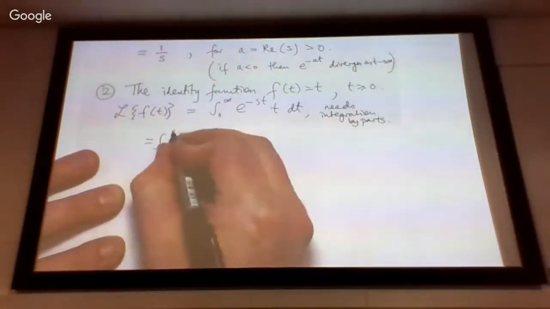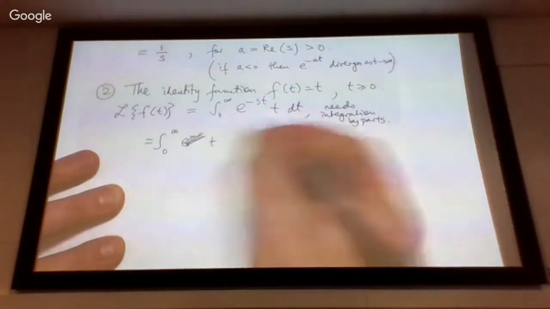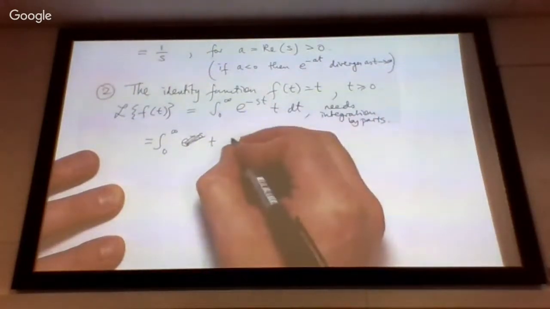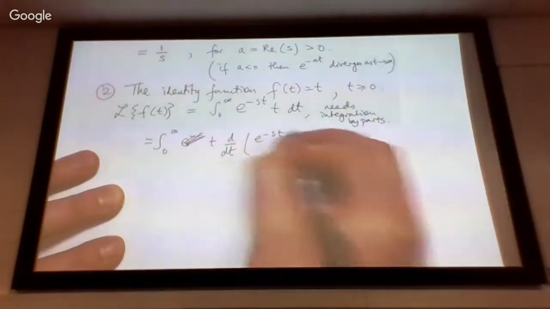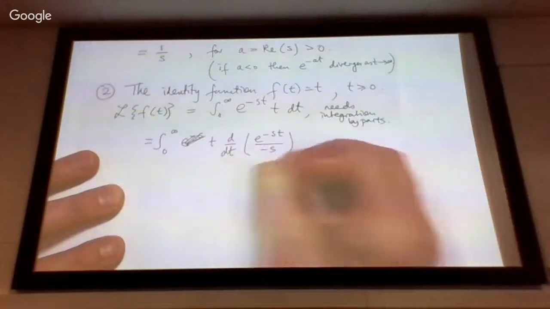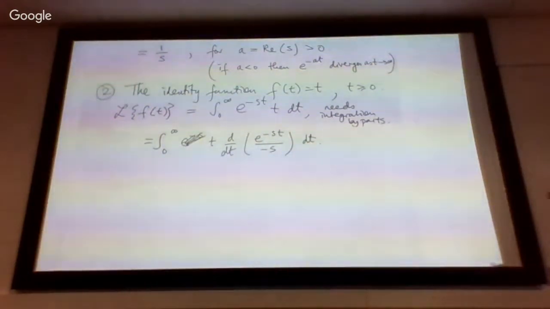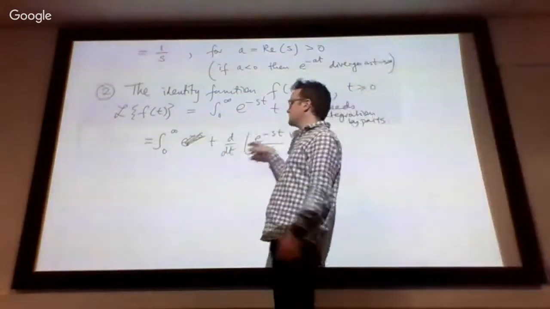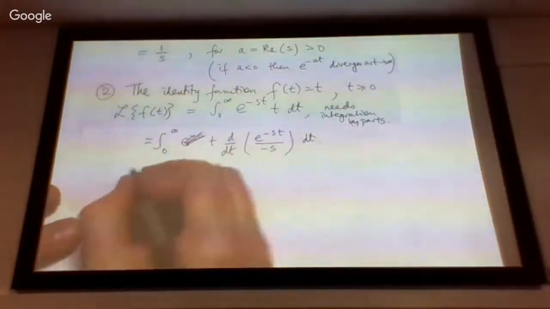You would recast the other exponential factor as a derivative. That's the derivative of minus e to the minus st over minus s. So now we see the integral as an integral of one function times the derivative of another. So we can apply integration by parts.